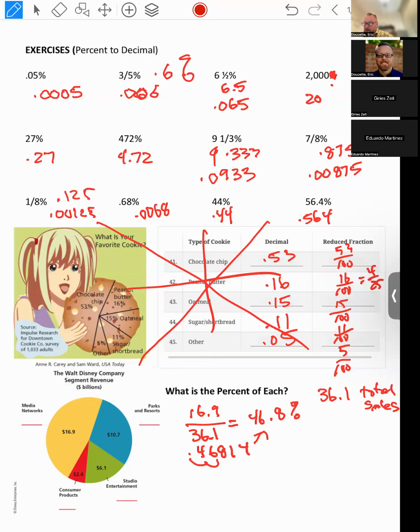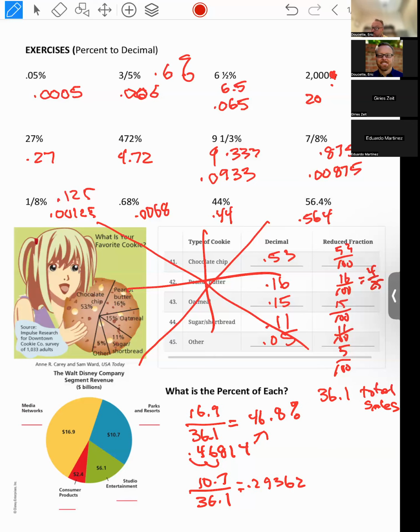If I took my parks and resorts income and it was 10.7 billion, I would divide it by 36.1, which was the total, equals 0.29362. So you don't have to do the whole thing, just enough to give you an example of where you can round it.